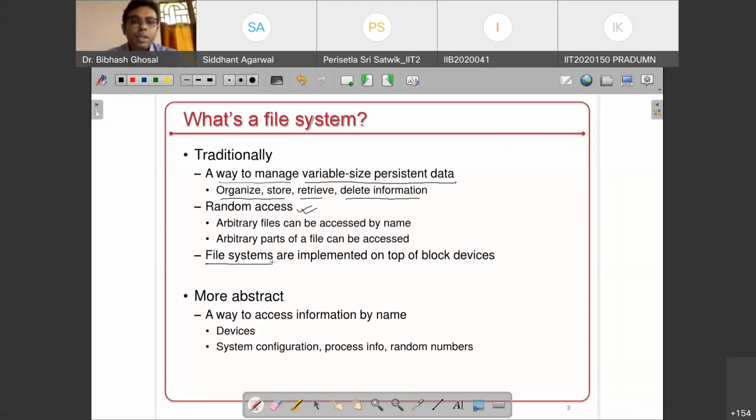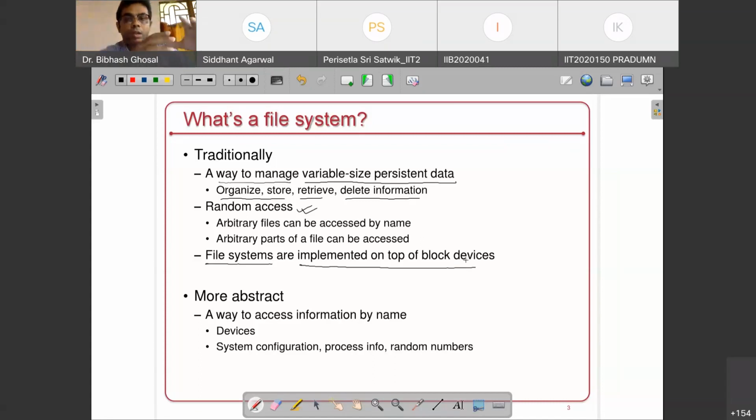So what are file systems? They are the ones that will help you in implementing or organizing your files. And they are implemented on top of block devices. So please try to understand. The files will ultimately be stored in the block device, say, for example, your hard disk, in the form of some blocks.